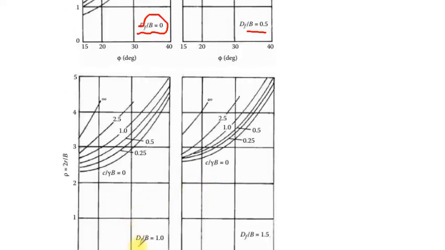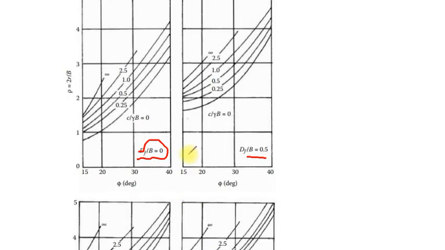The third case is Df over B equal to 1, and Df over B equal to 1.5. The relation between angle of internal friction and rho is presented for different values of cohesion divided by gamma B, c over gamma B from 0 to 2.5 and infinity.